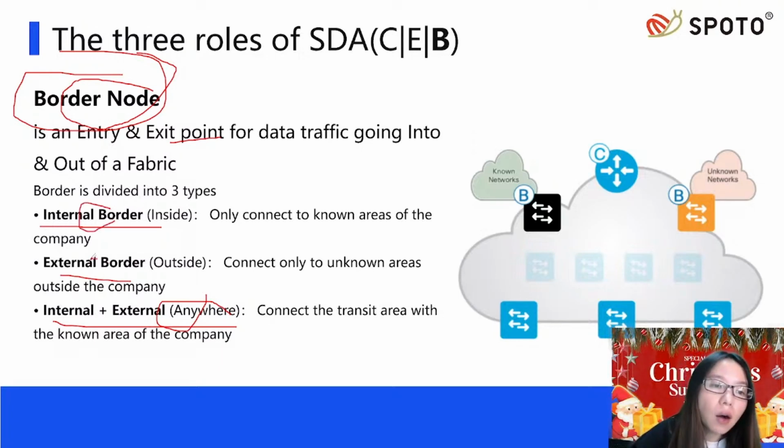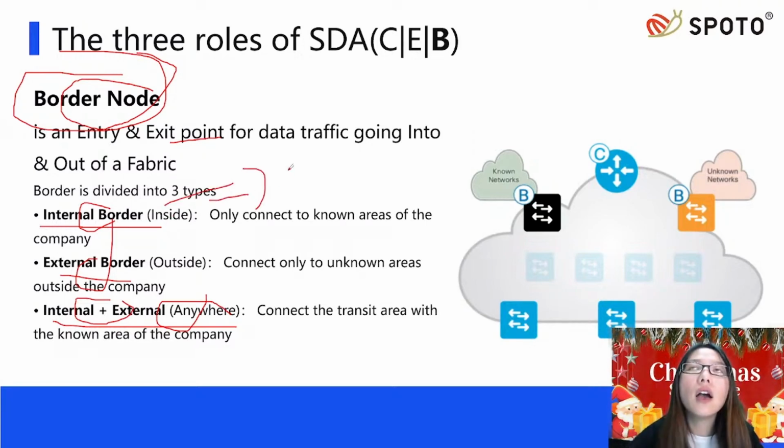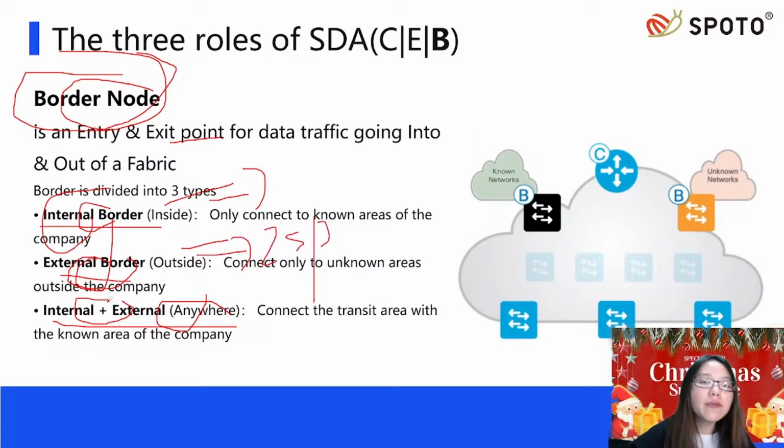The internal border is used to connect our traditional network, routing and switching. The external border is used to connect to the internet, ISP. If the device is an internal and external border, it has the routes to the traditional network and it can also connect to the ISP. So that's our border node.